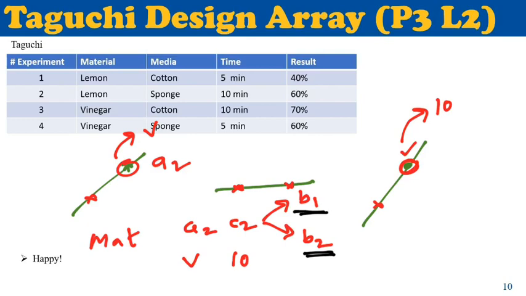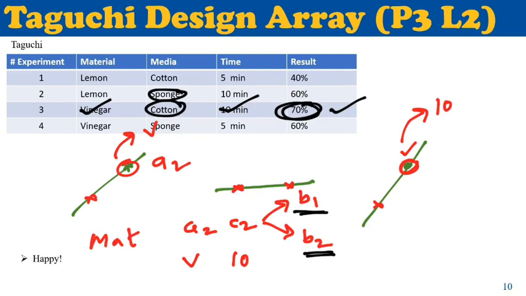So from here, we can conclude that if we have a setup of vinegar and 10 minutes, we can have the best result whether you use cotton or a sponge. Now from here, we can see we already ran this test. So this is the combination that will give us the best result.